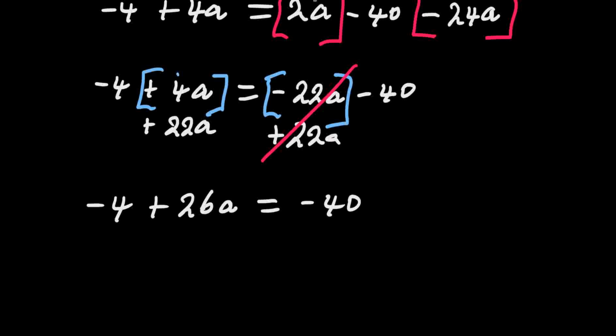So now we can isolate 26a and just eliminate negative 4 from the left side, and we can achieve that by adding 4 to both sides. Add 4 to both sides, and negative 4 plus 4 we just cancel from here, and we now have 26a.